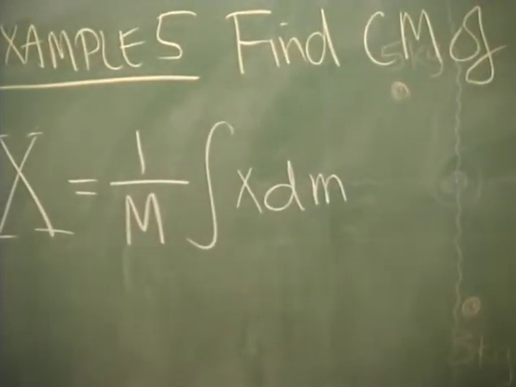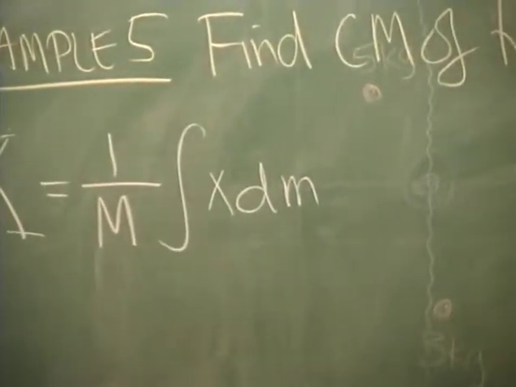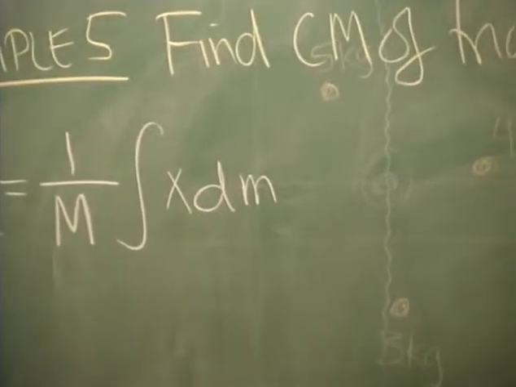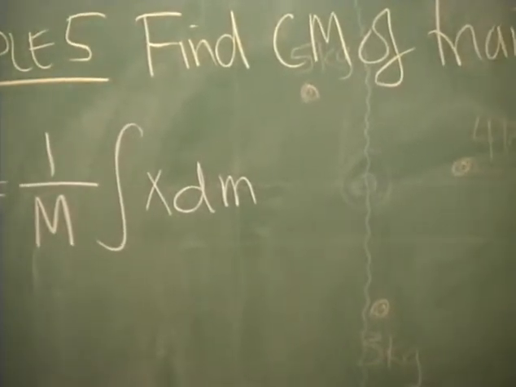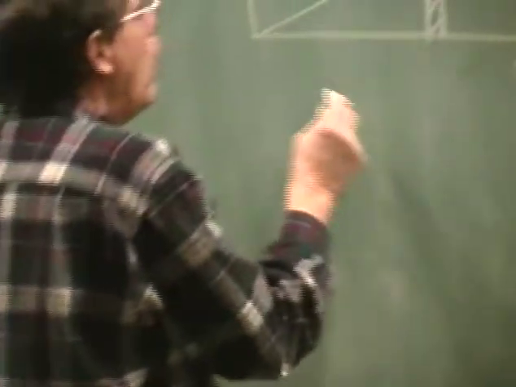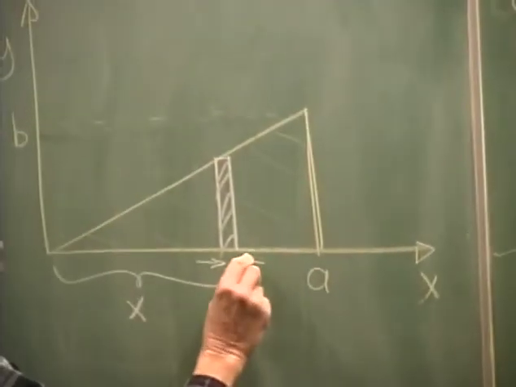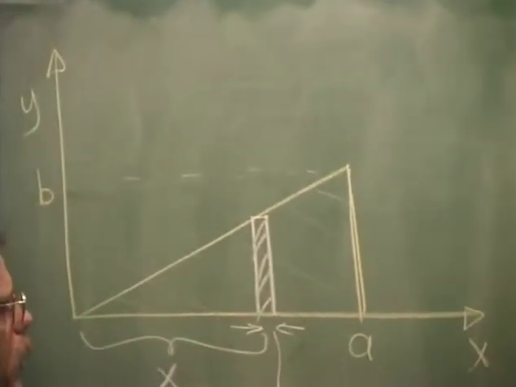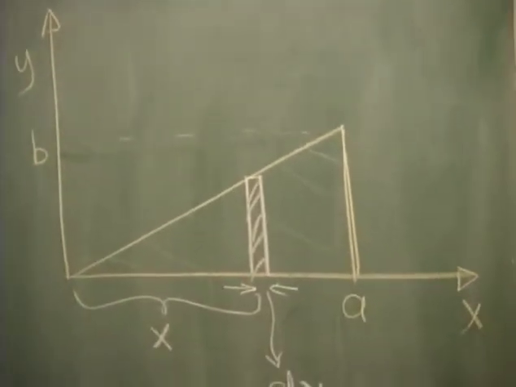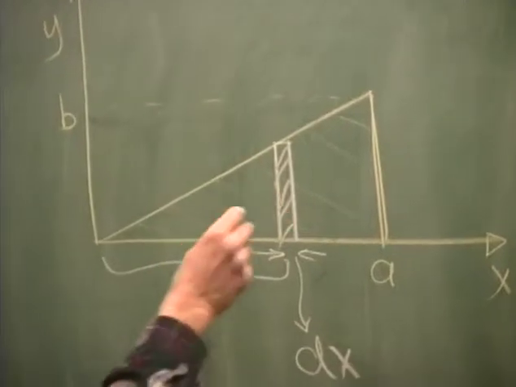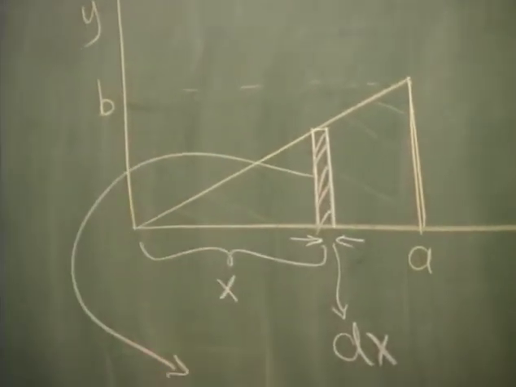I want to chop it into chunks that are all the same distance x from the origin. So I draw a sliver like that. All of those share the same value of x, and I'm going to give them a width, as before, dx. And now I would like to know, what is the mass of that piece?